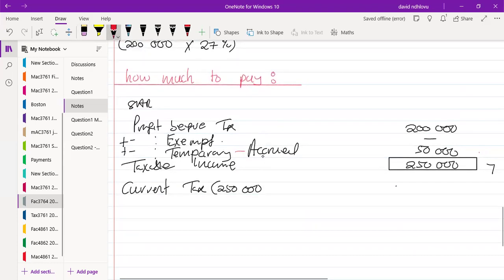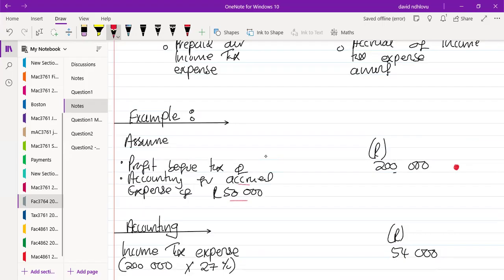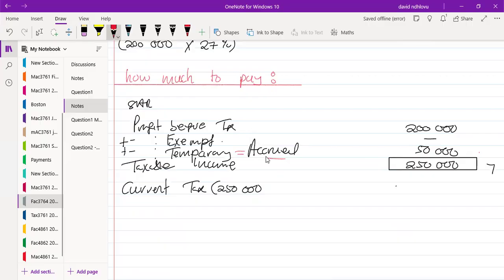So this is an accrued expense, and in arriving at this figure, we would have already deducted the 50,000. It was deducted in arriving at the 200,000 for accounting purposes. However, tax is saying we should not have deducted it. It will be deducted in the following year. So we should be adding it.